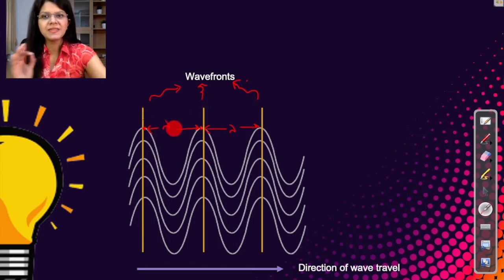So the distance between consecutive wavefronts is one wavelength, because wavefronts are imaginary lines which join the crests. Crest to crest is one wavelength. Similarly, the second wavefront and the third wavefront are consecutive wavefronts next to each other. The distance between them will be one wavelength.